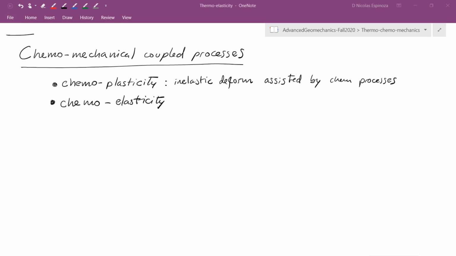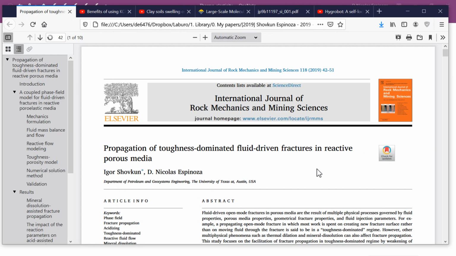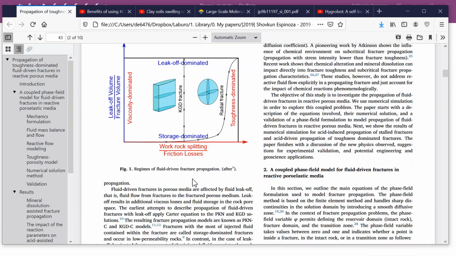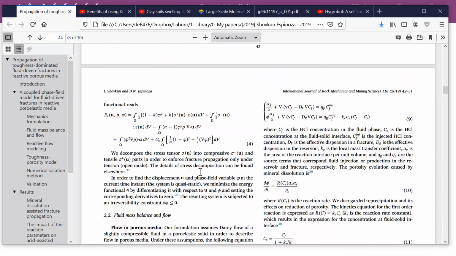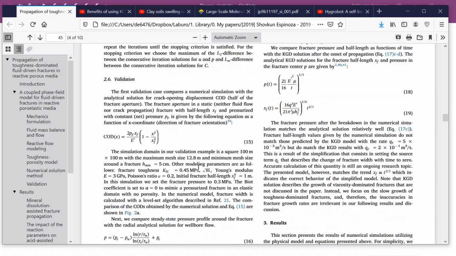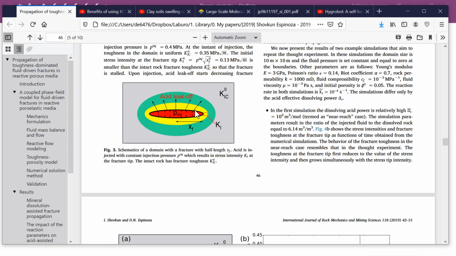This is an example shown in this paper, in which we did a study of how dissolution of a mineral at the tip of the fracture would help the propagation of that fracture with the same pressure, with the same stress conditions, but just with a change of toughness at the tip of the fracture.